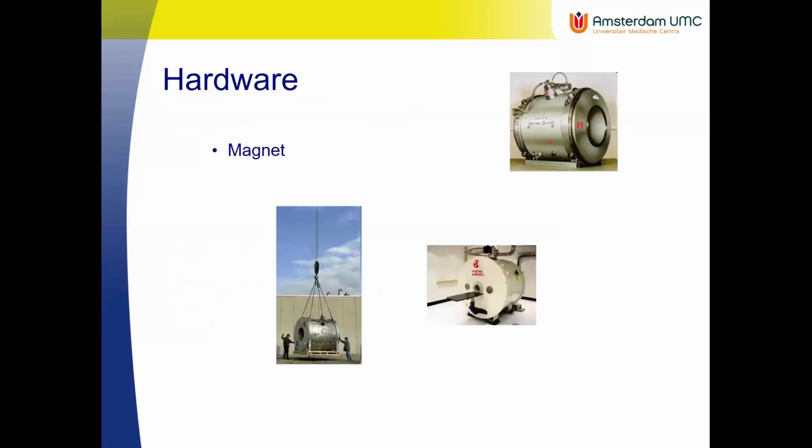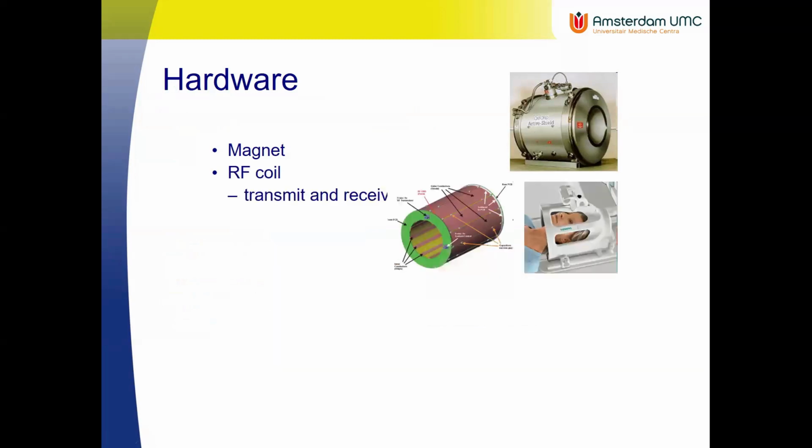So what we need to build an MRI scanner is obviously a very strong magnet, and they look generally like this. It's a metal thingy with lots of wires in there. Then we need a radio frequency coil for transmission of the signal to do the excitation.